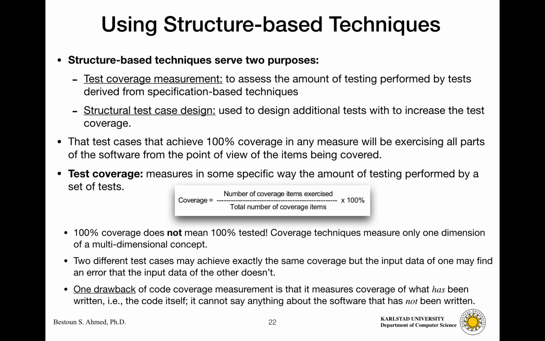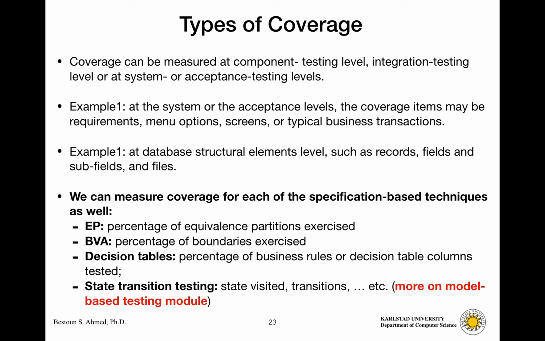So we cannot verify that, basically. So we have different kinds of coverage. If we go for component testing, for example, at the system or the acceptance level, or any other level, for example a database structure element level, such as record files and subfiles and so on.